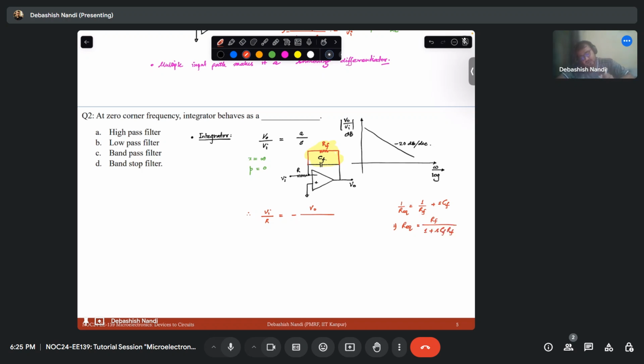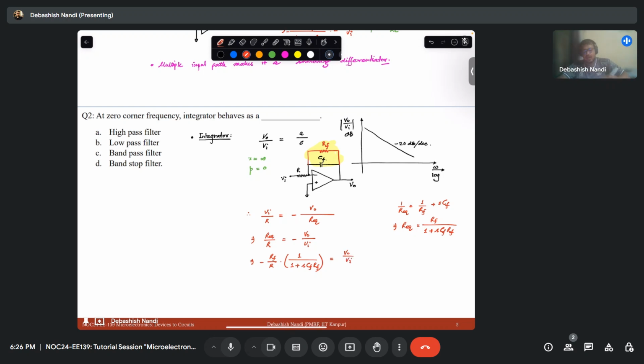So R equivalent by R will be your V0 by Vi, which is RF by R times 1 over 1 plus SCF RF, with a minus sign. Minus of that will be your V0 by Vi.